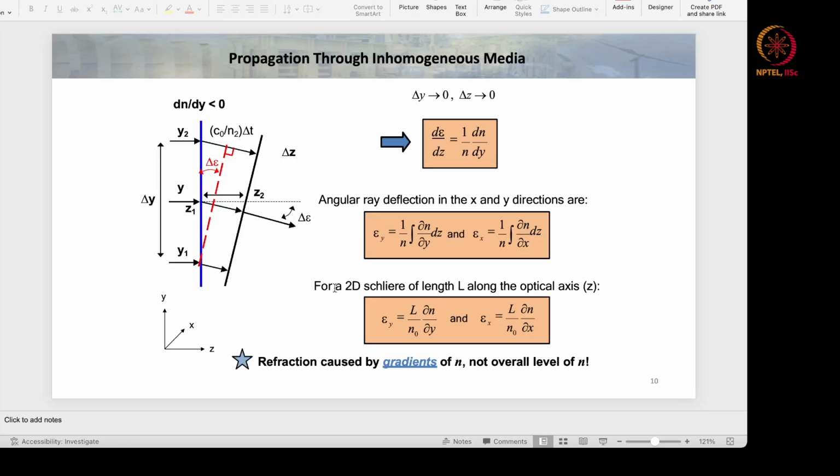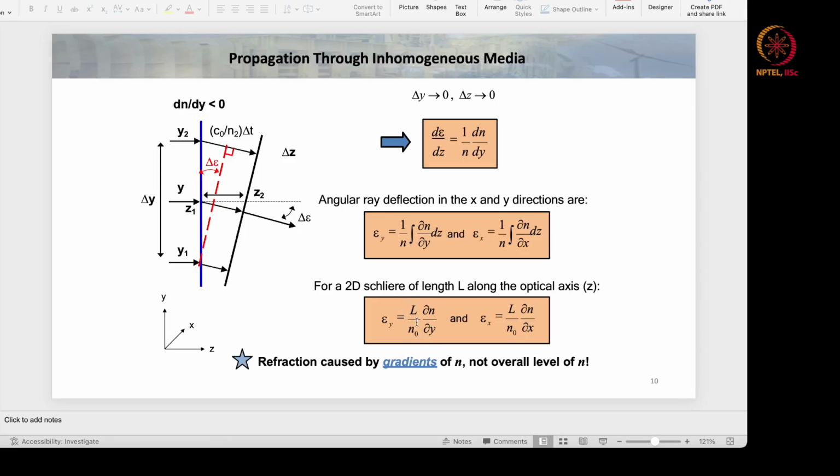So if we have a 2D Schlieren of length L along the optical axis z, and you integrate it out, assuming that these quantities are no longer dependent on z, what you have is basically L by n naught multiplied by the gradient of the refractive index in the x direction and in the y direction.